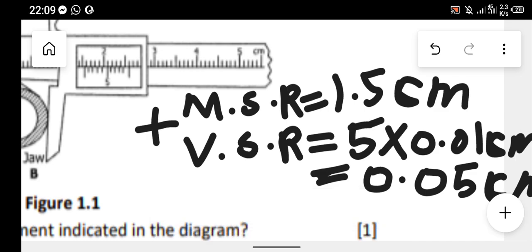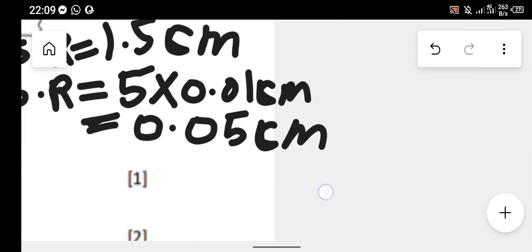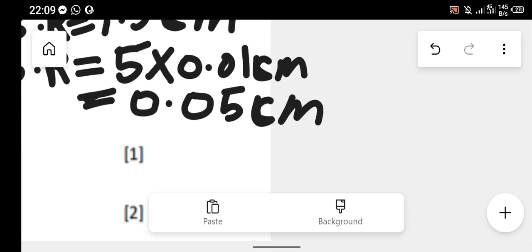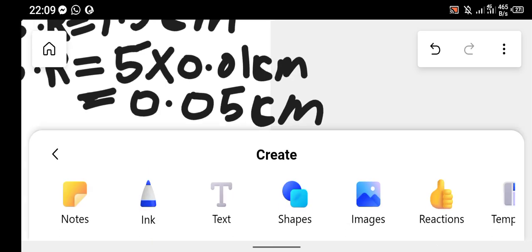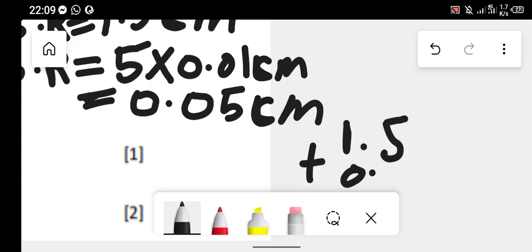Having stated that, let's add the two figures we found. So you know that our main scale reading is 1.5 centimeters, right? Then our vernier scale reading is 0.05 centimeters.